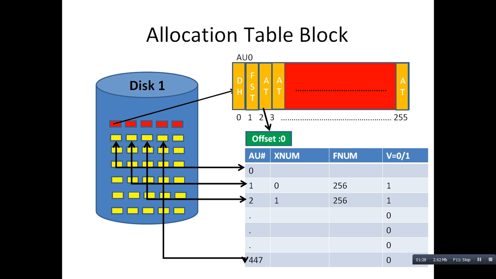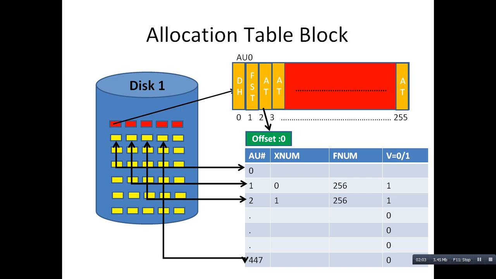So these 254 blocks are reserved for the allocation table, and each block can contain information for 448 allocation units. In this slide, we see that the first block of the allocation table has the information for the first 448 allocation units. Every allocation table block has an offset value equal to the first allocation unit that is addressed by this allocation table block.